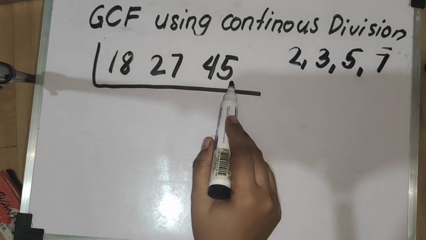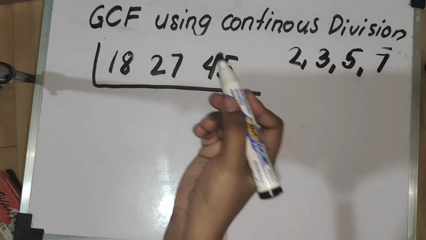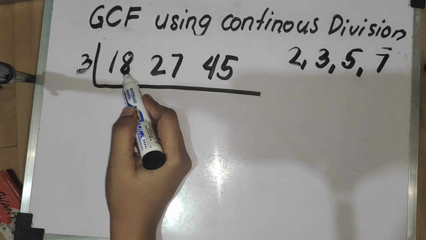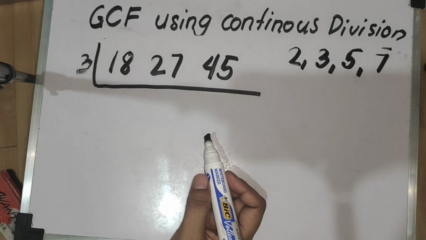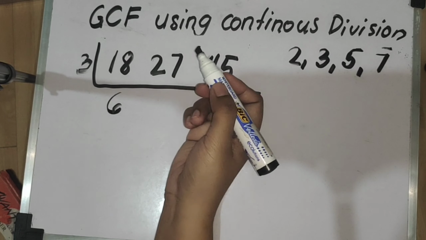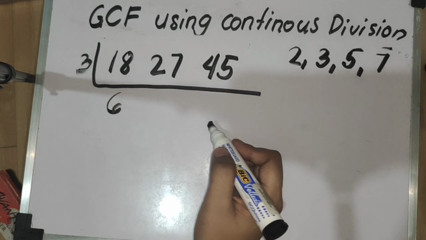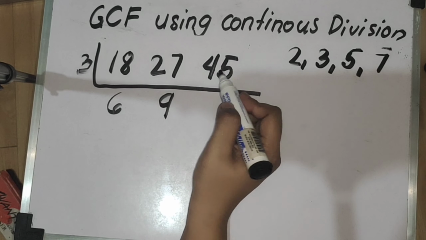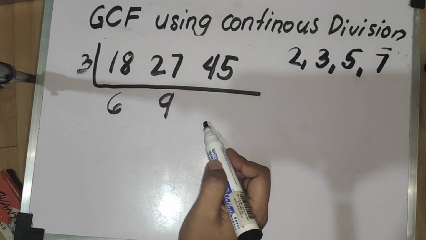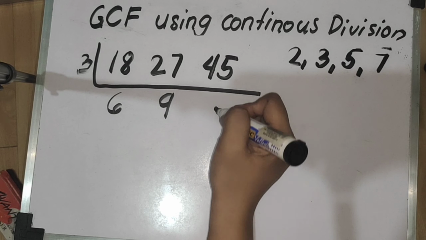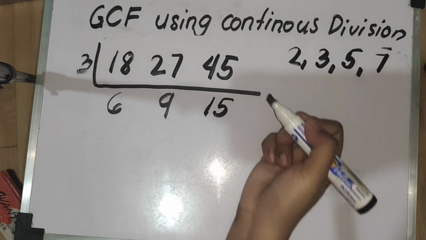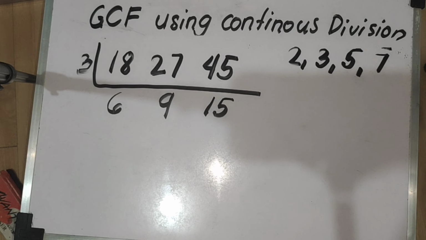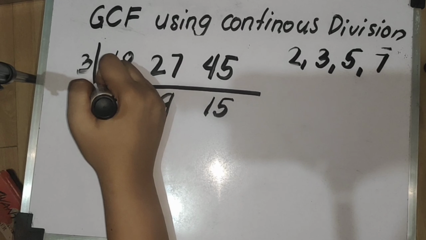So, if yes tayo dito sa tatlong numbers, so we will use 3 as our divisor. 18 divided by 3 is 6. 27 divided by 3 is 9. 45 divided by 3 is 15. Okay. Next. So, pwede pa natin silang i-divide.